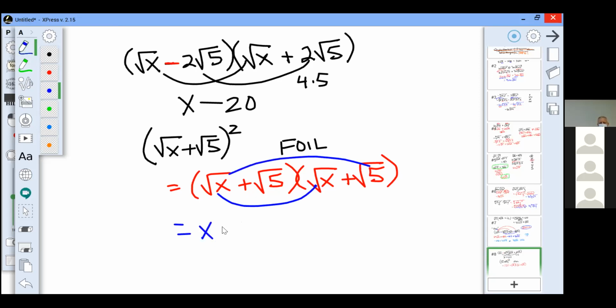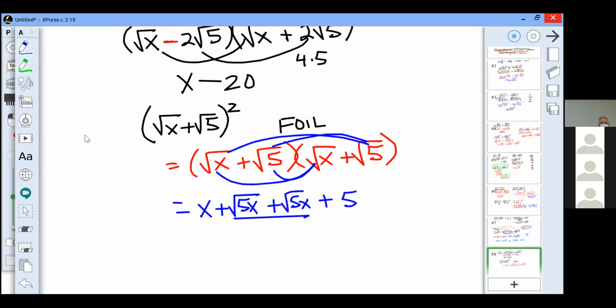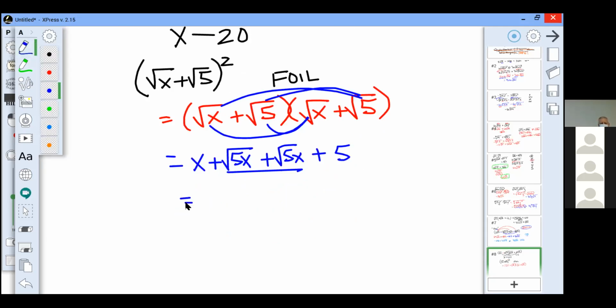Outside is, because they're both under a radical, radical 5x. Inside is also radical 5x. And then the last is going to be radical 5 times radical 5. And then you can add these 2 together, but it's not radical 10x. What is it? x plus. So what do you get when you add these 2 together? 2 of them. Yep, 2 of them.